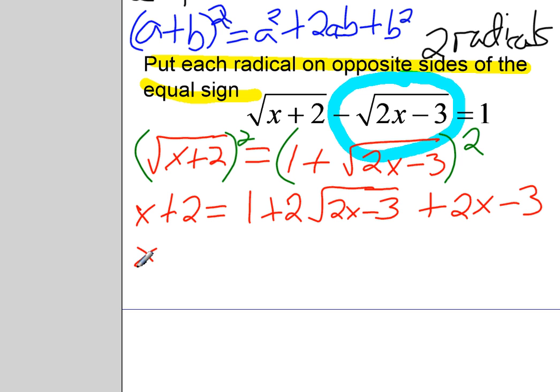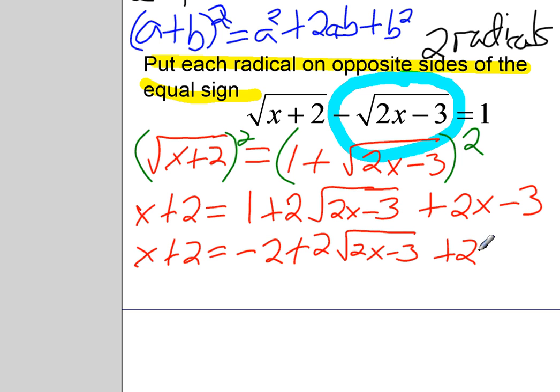I'm just bringing that down. The right-hand side, I've got like terms 1 plus negative 3 is negative 2. I've got plus 2 square root of 2x minus 3. And then I've got plus 2x.